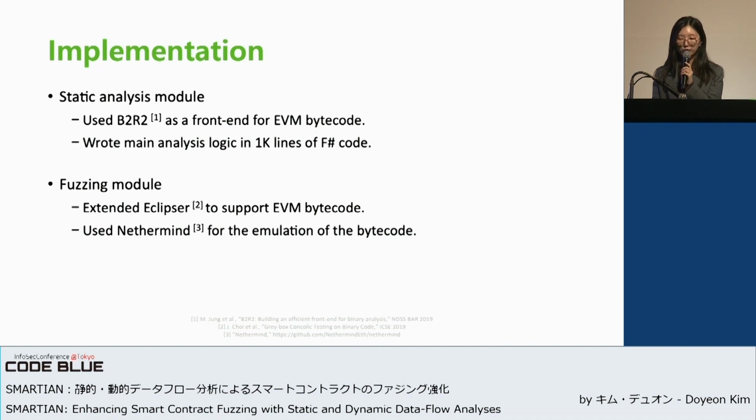And for the fuzzing module, we used Eclipser, which was originally designed for Linux binaries, and extended it to support smart contract bytecode. Also, we used the EVM implementation from Nethermind to emulate the execution of the bytecode. And we implemented dynamic data flow analysis on top of it.